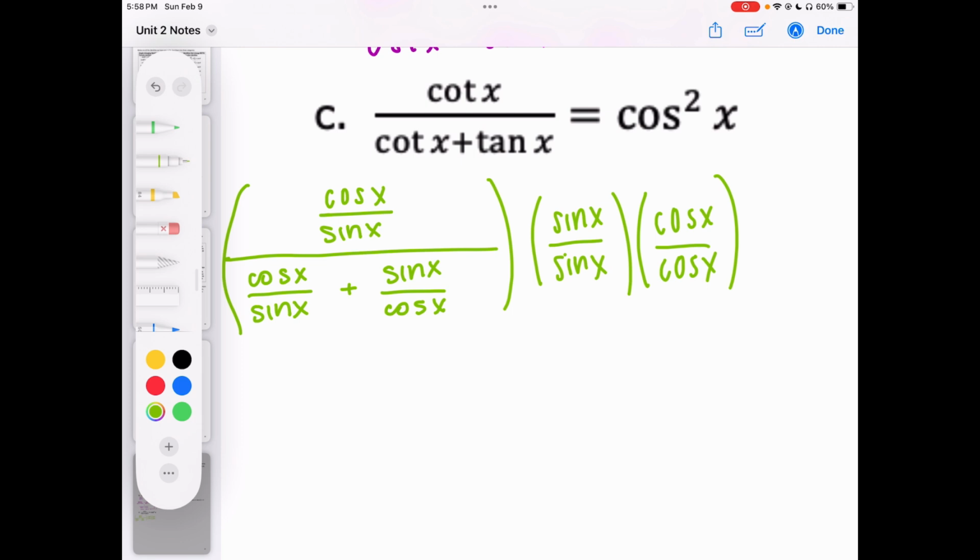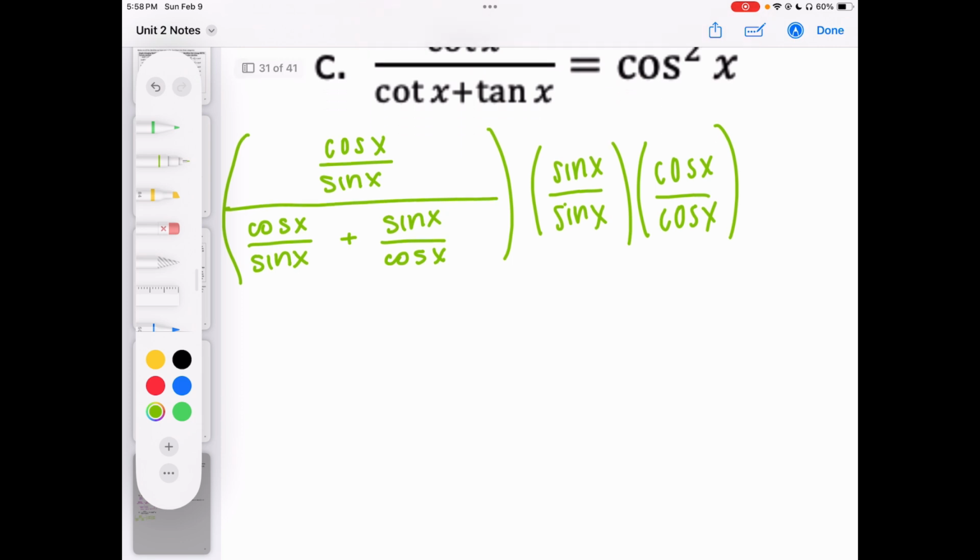Okay. I'll start with sine of x. If I multiply by sine of x, I am going to end up with, let's see, cosine squared in the numerator, because when I multiply cosine and cosine, that's also going to go away.